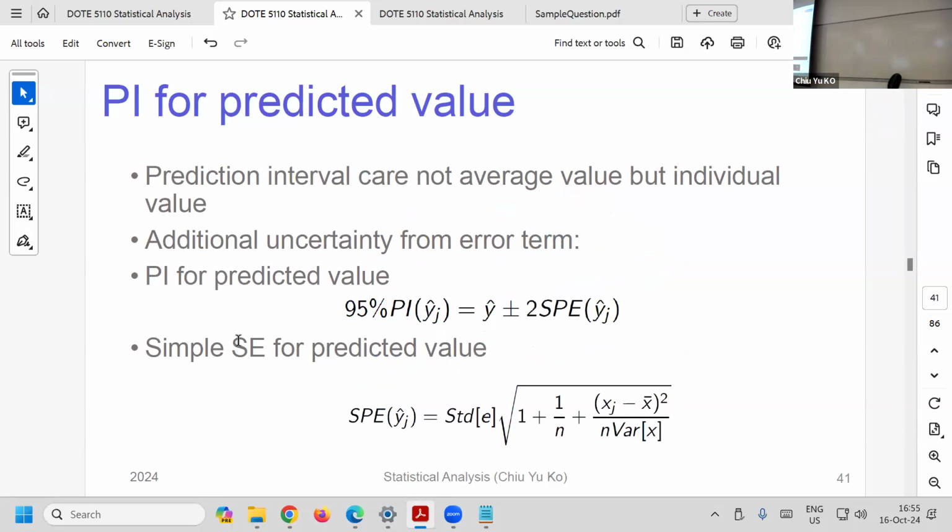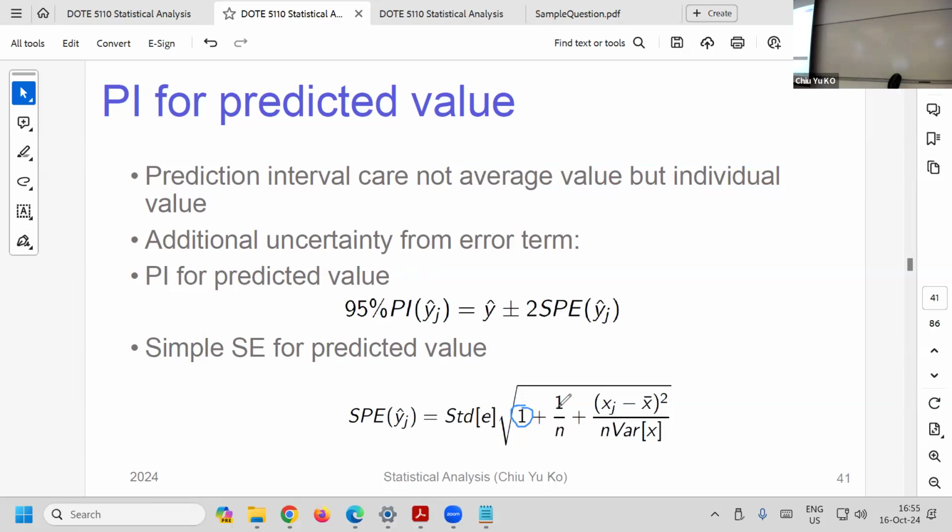For the PI, it's the same, okay? And the only difference is the PI is for the individual, not the average. So the difference is instead of SC it is called SPE. I don't know why the book called it this way, but it just has one more term compared to the earlier model.